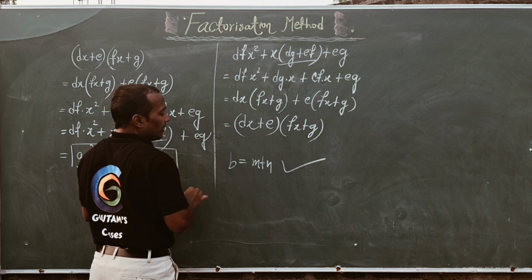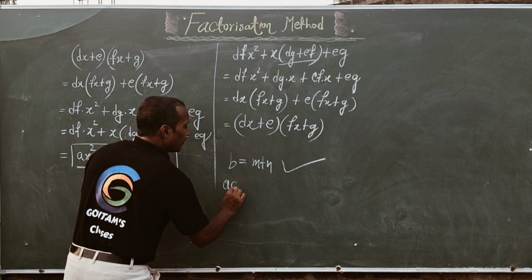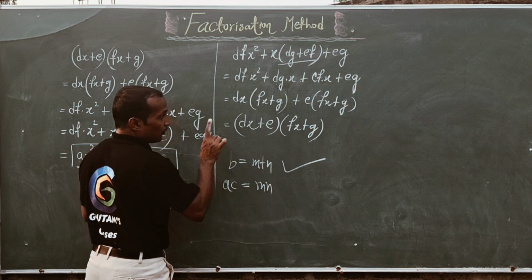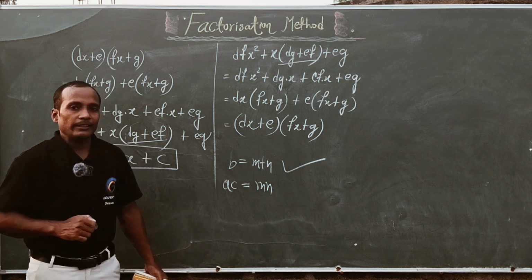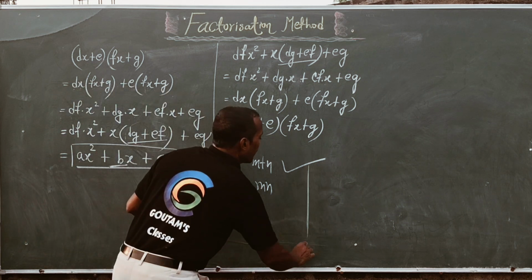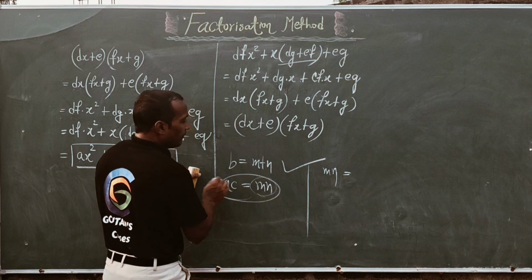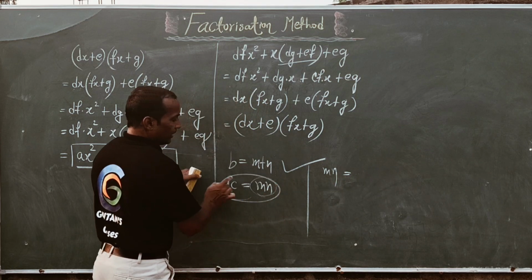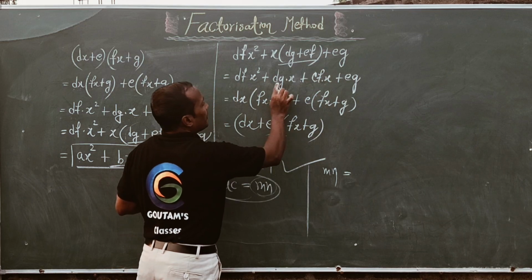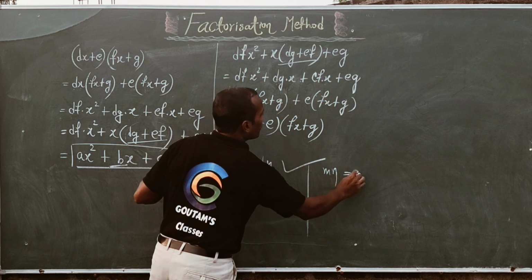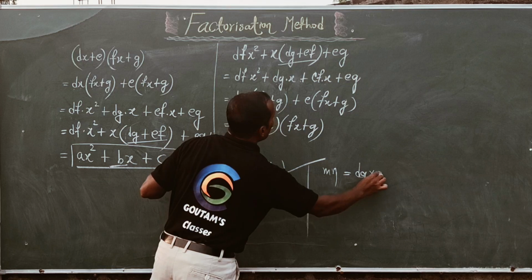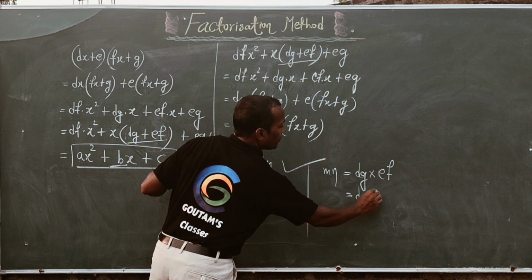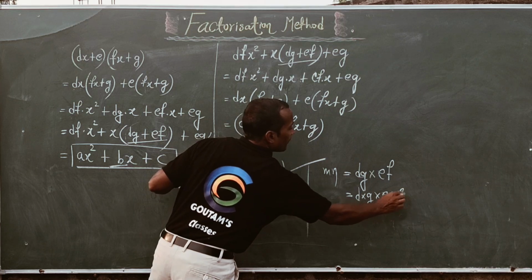Now, second thing, let's see. We told that the product of a and c has to be equal to the product of m and n. Is it also working here? Yes, it is also working. Let me show you. To prove this, I am starting with mn, the RHS part of this particular relation. M into n. M is dg and ef is n. dg into ef. If I write it, it is like d into g into e into f.